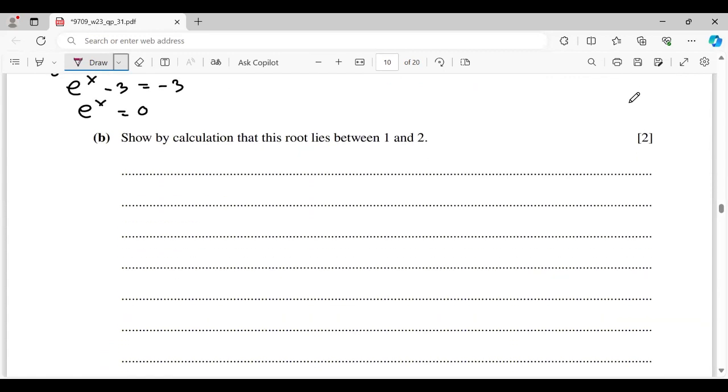Show by calculation that this root lies between 1 and 2. If x equals 1, y equals square root x, square root 1, because x equals 1. So it is 1.